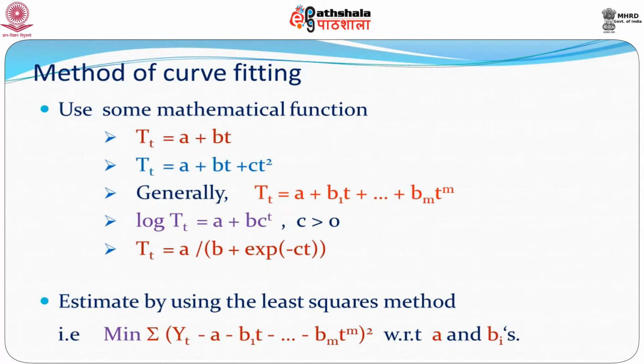So, we are not going to discuss in detail the parameter estimation here, but most of the polynomial curves can be estimated using the least squares method. So, this is how we can get trend by the method of curve fitting.